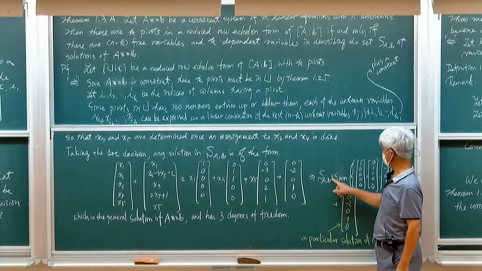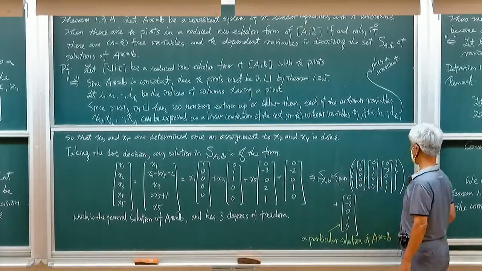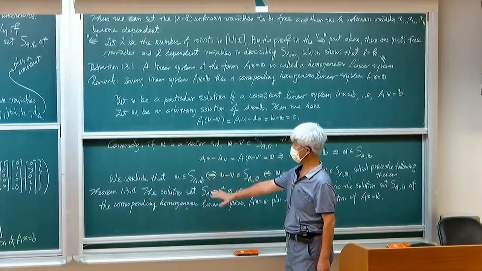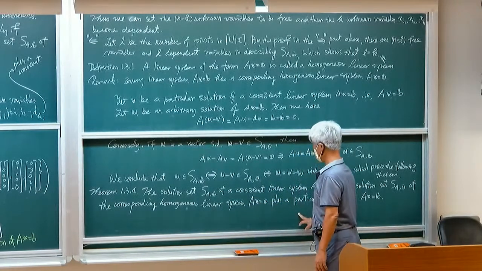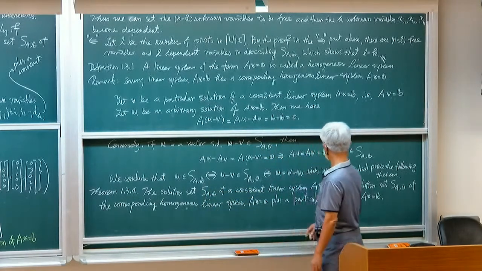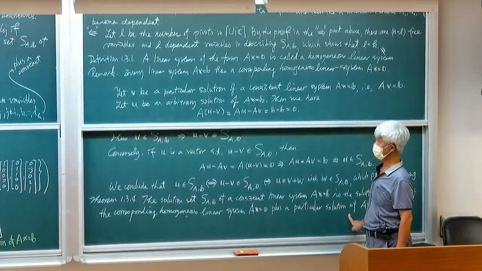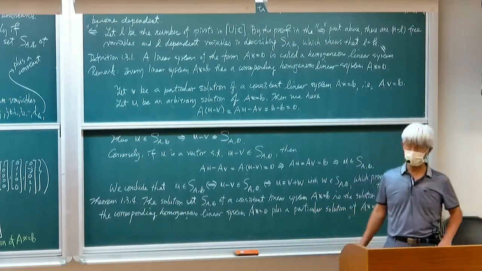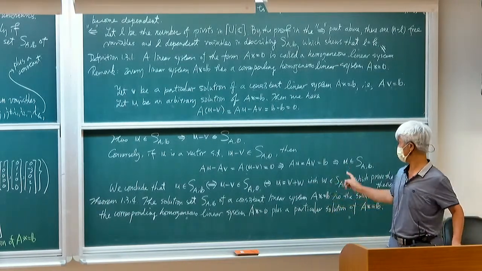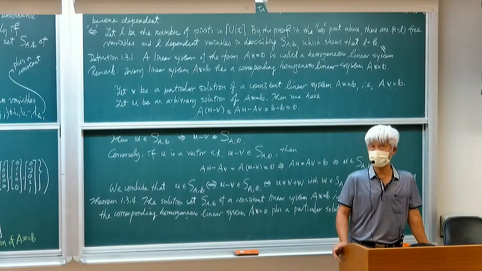This part should be the solution set of the corresponding homogeneous linear system, because by the theorem, you know that the solution set S(A,B) is equal to the solution set S(A,0) plus a particular solution. Okay, so we will see that and give a definition for this set. Let's take a break up to 11:10.